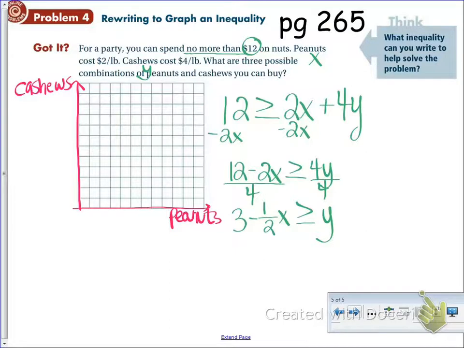Now since I have a lot of grids, and I'm only talking about a y-intercept of 3, and then I'm decreasing from there, I'm going to use two squares to represent 1 pound. Now I will do that the same on peanuts. So my graph should start at positive 3, and then I'm going down 1 over 2.